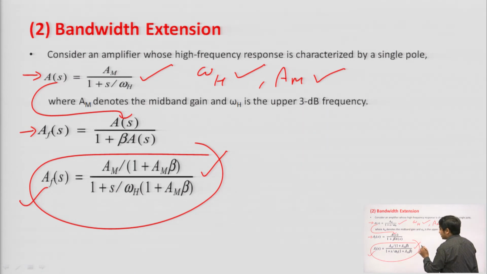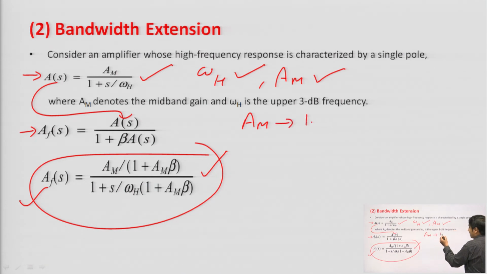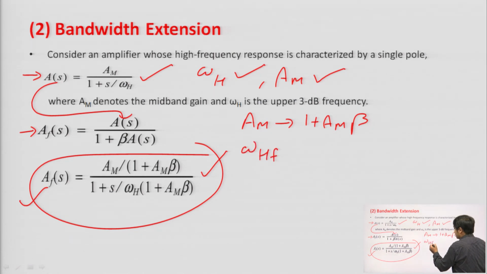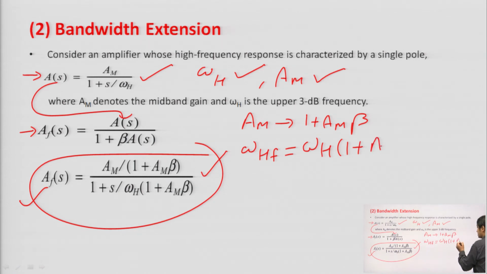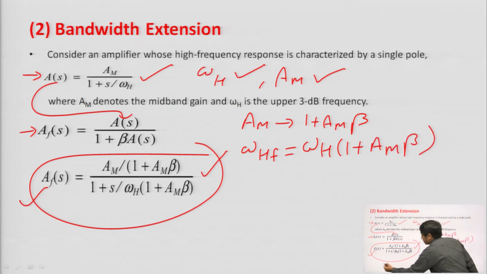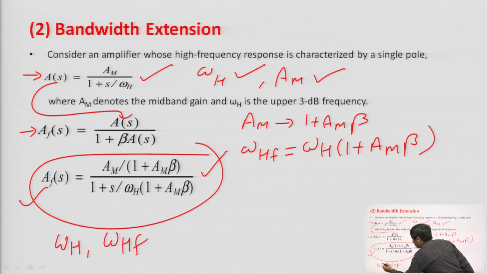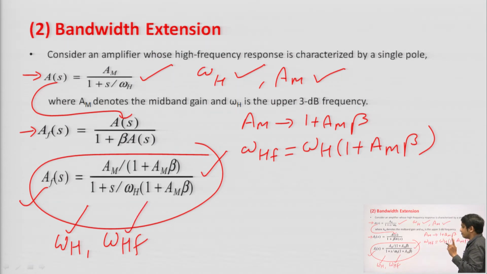From this expression you can see that your midband gain is reduced by the factor 1 plus AM beta, and your upper 3 dB frequency omega HF is equal to omega H into 1 plus AM beta. That is a good thing. Now, what is the difference between omega H and omega HF? Omega H is the upper 3 dB frequency without feedback, omega HF is the upper 3 dB frequency with feedback.